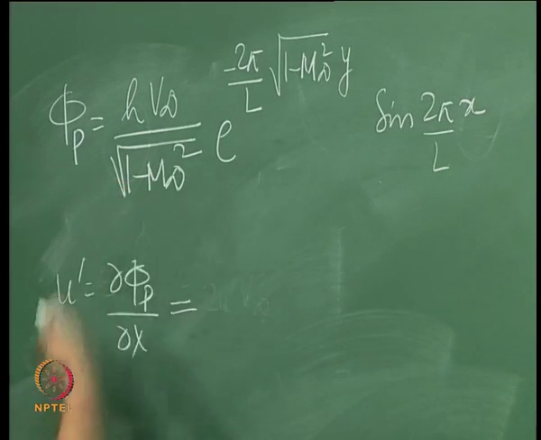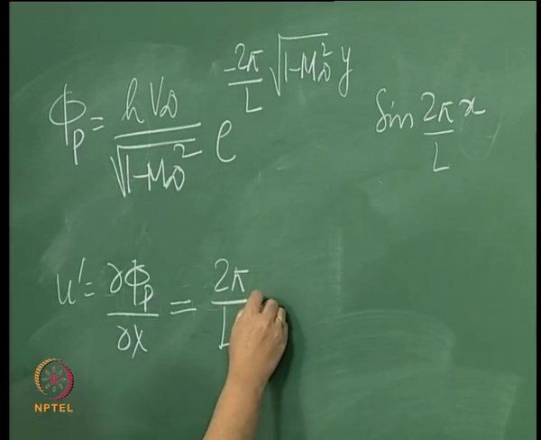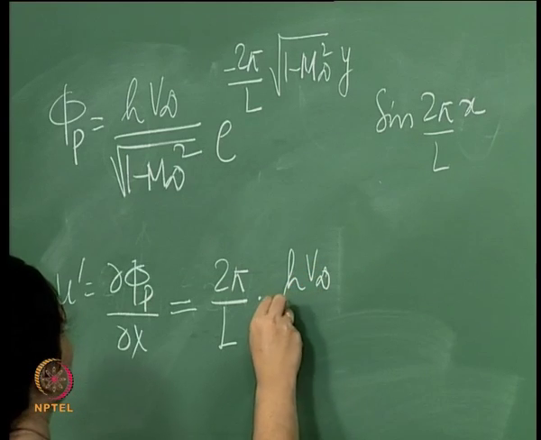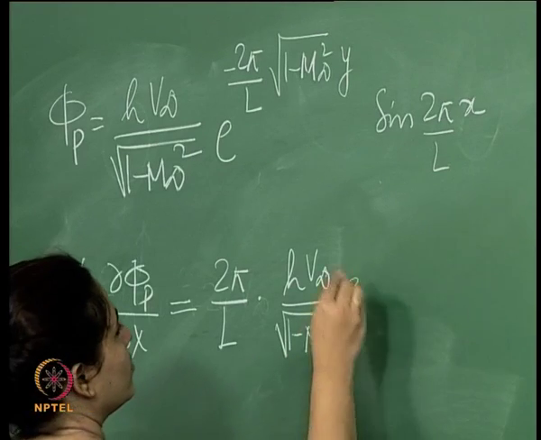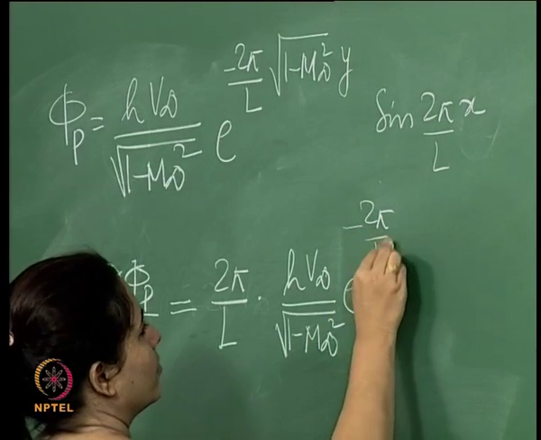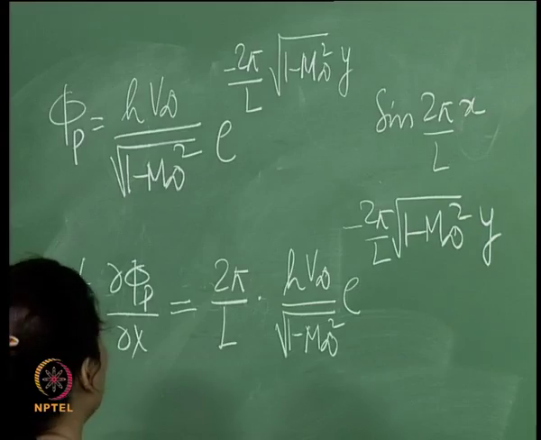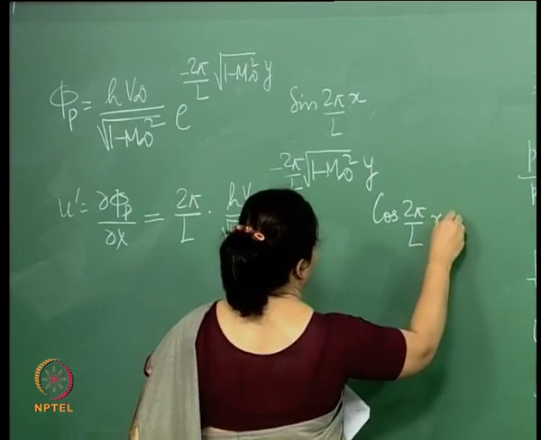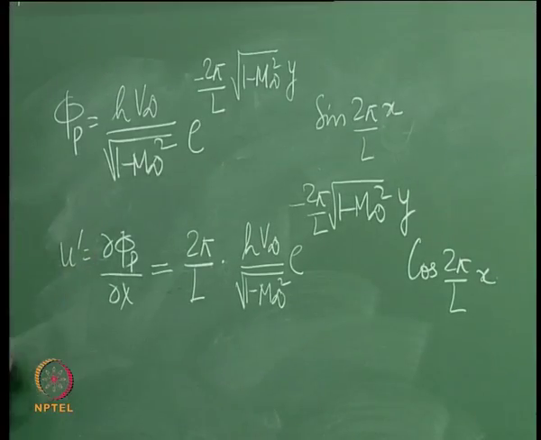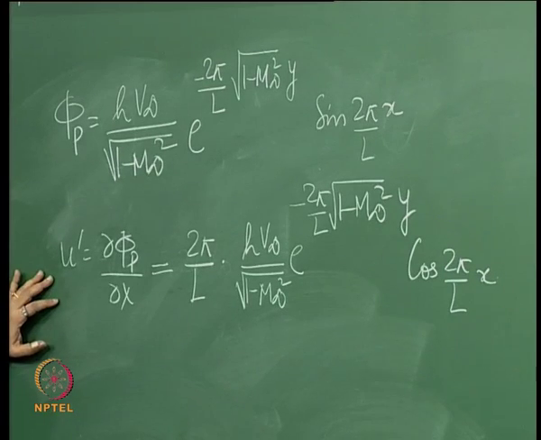From using this expression for phi p, what we get is, right, okay. Right. So this is our u dash, using this perturbation velocity potential.